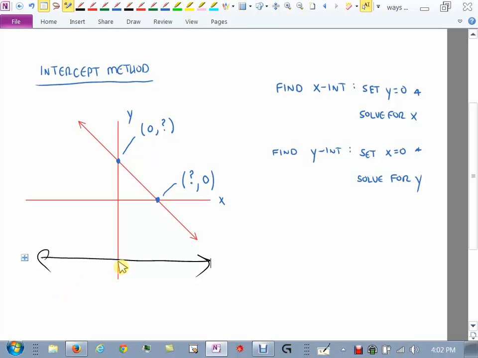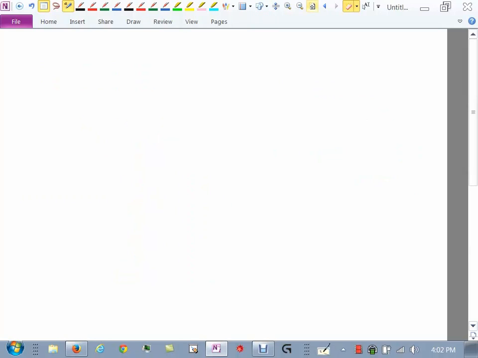This horizontal line has a y-intercept, but it doesn't have an x-intercept. Or if we had a vertical line like this, then it has an x-intercept but doesn't have a y-intercept. So those are the two exceptions, vertical and horizontal lines. But we have an easy way of graphing those because they look very unique when you write them out as an equation.